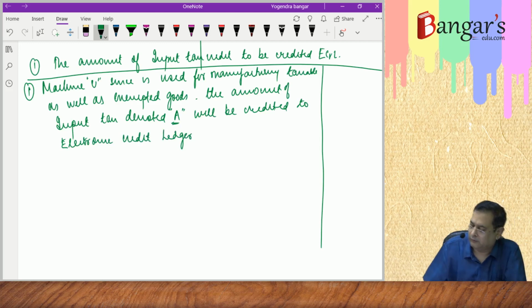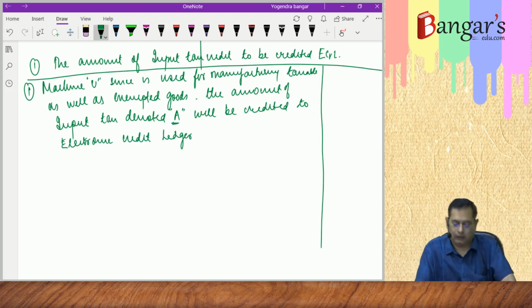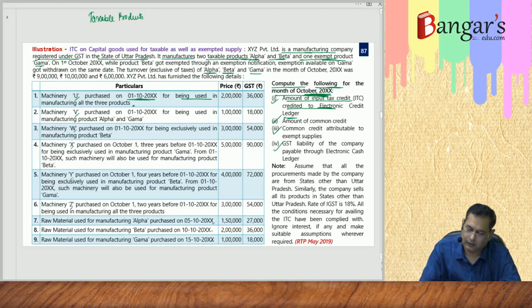The same will be credited where? In the electronic credit ledger. How much amount will be credited in the electronic credit ledger? 36,000 rupees.